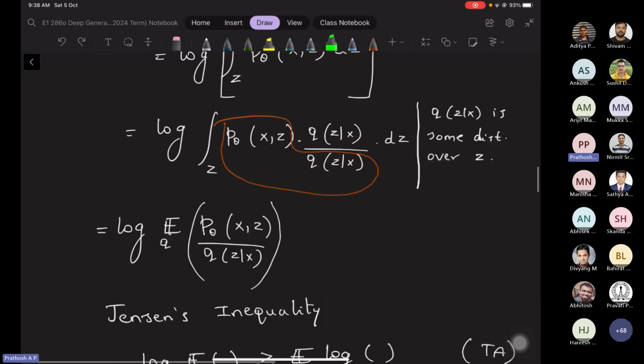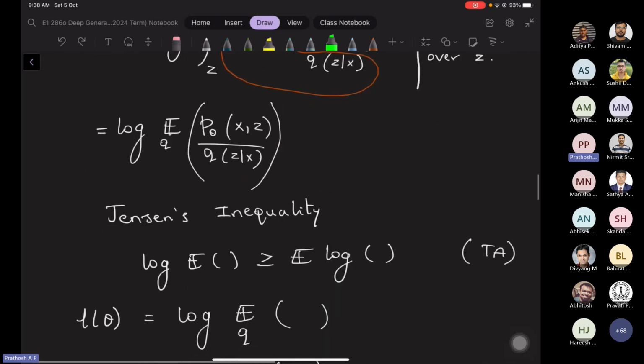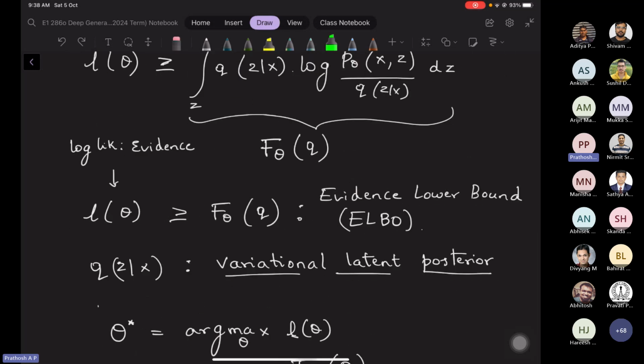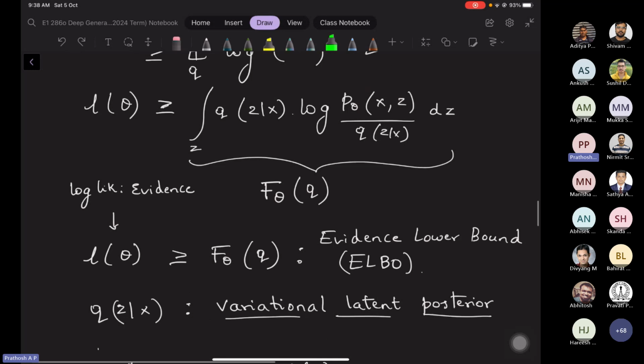What you can do is take a guess on the latent variable distribution, which is called q of z given x. Once you take a guess on the distribution on the latent variable, an inequality arises.